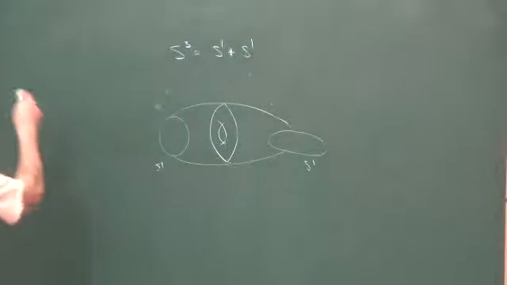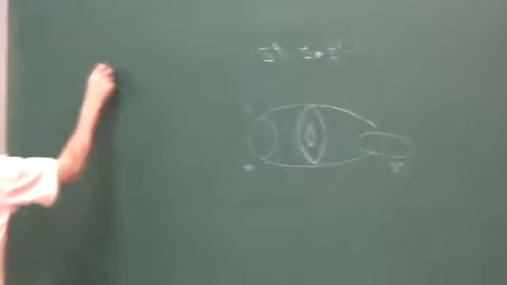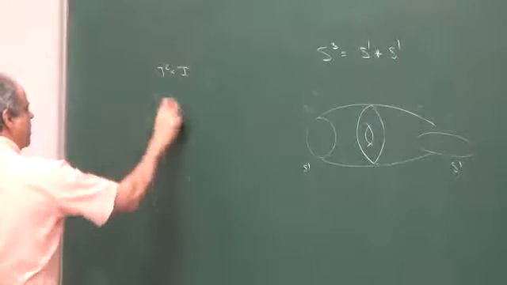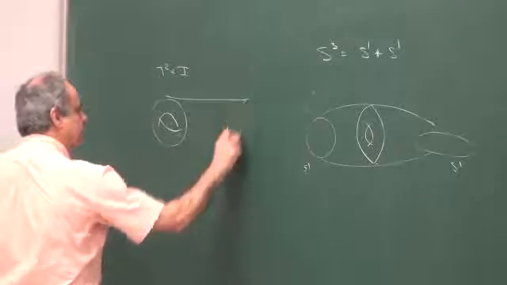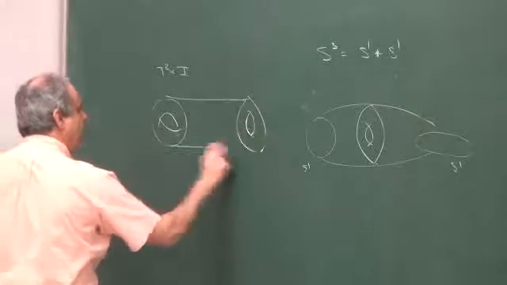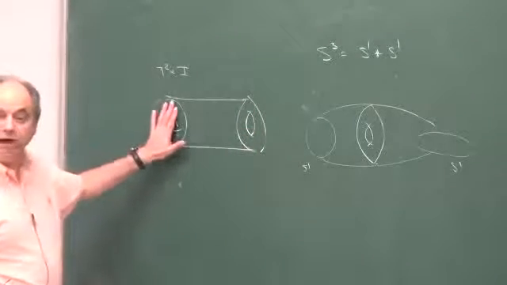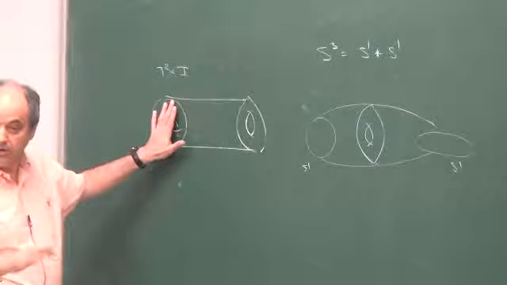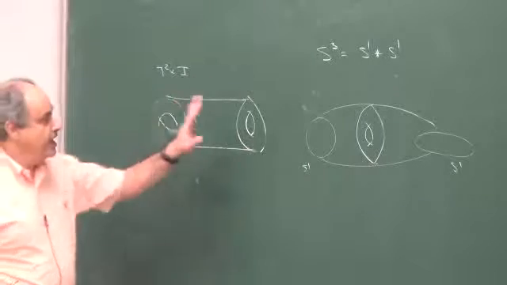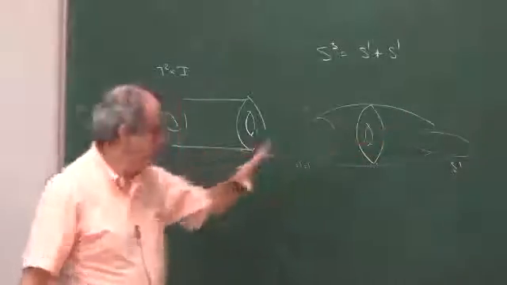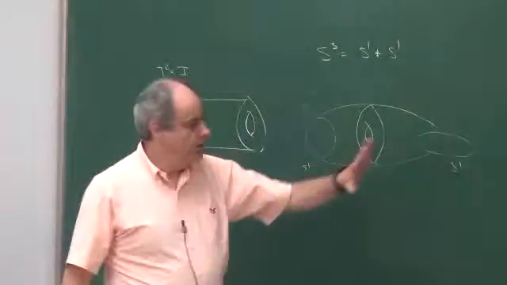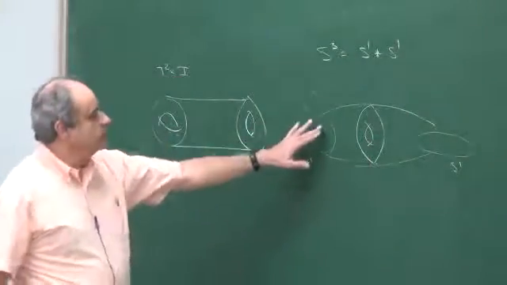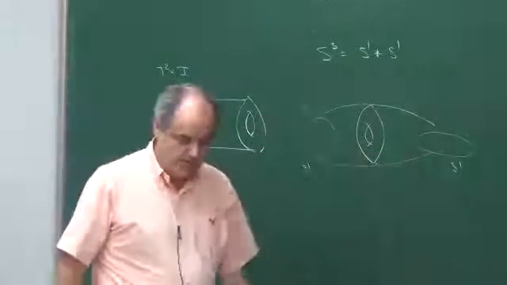In fact, I start with T2 cross the unit interval, a cylinder, and I collapse one coordinate circle at one end and the other coordinate circle at the other end. That leaves me S3, which looks like S1 join S1.